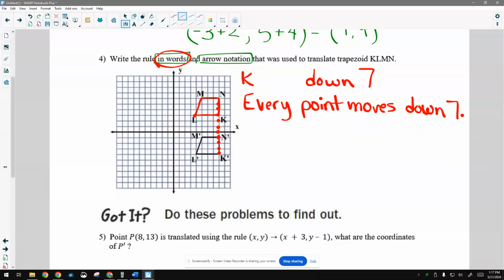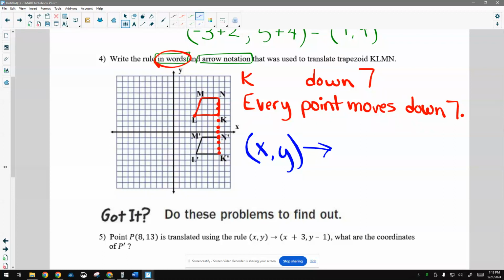Cool. Now we have to use arrow notation. When you are giving the arrow notation, that is the algebraic rule. You start with X, Y. Arrow. What happens to X? Lily. Did X move down? Down isn't an X. X is left and right.